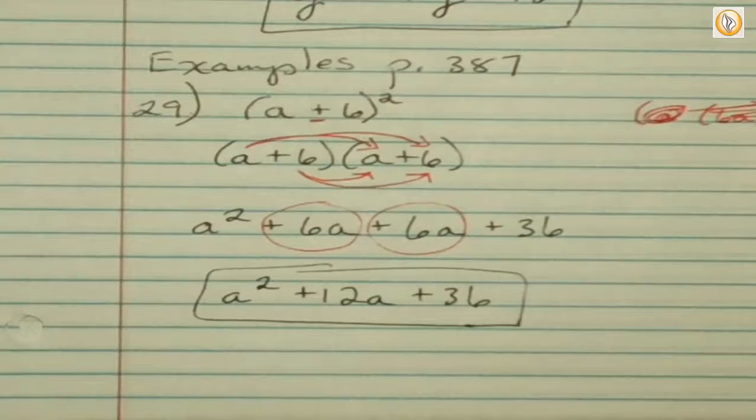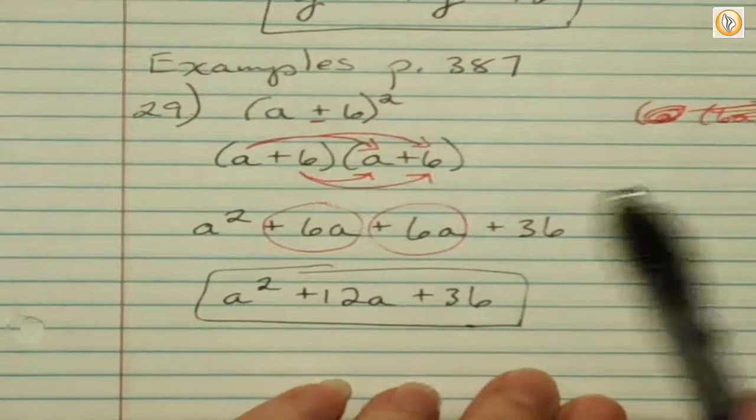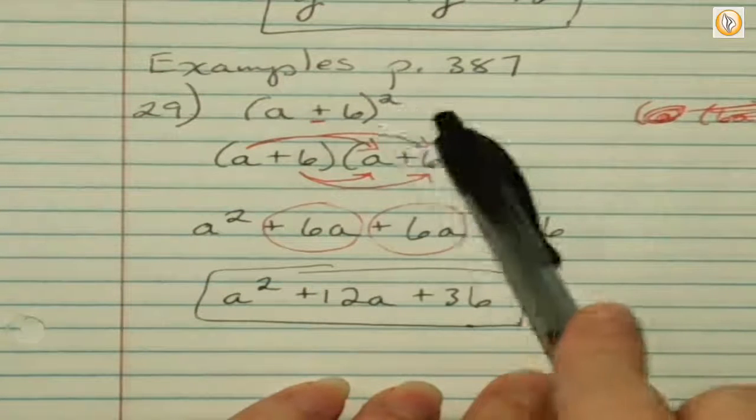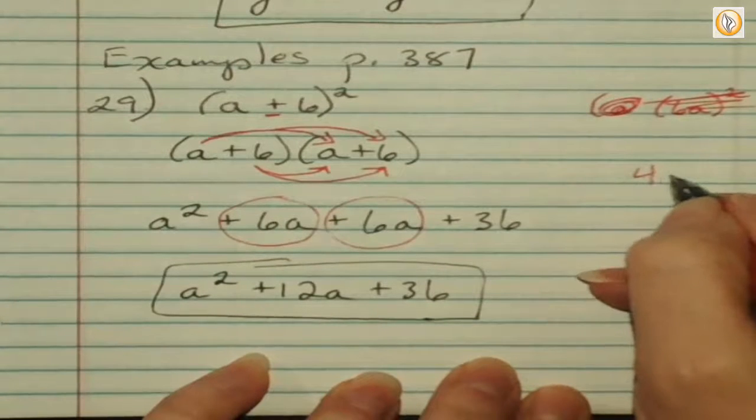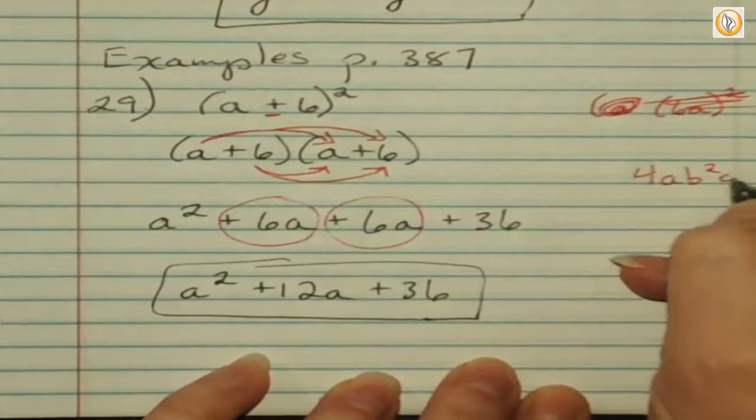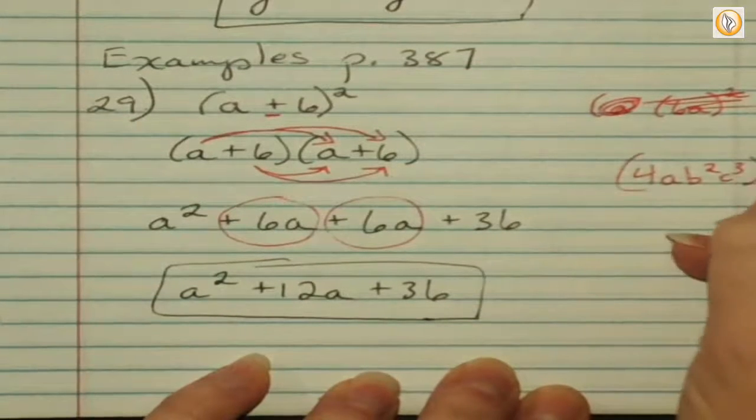Any questions about this? Yes? So this is for two numbers in each only. Or 3. Are you talking about when to apply it like we used to do, like 4ab squared c to the third? Is that what you're talking about?